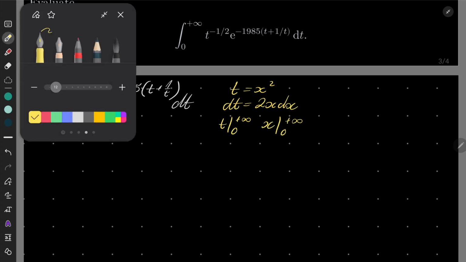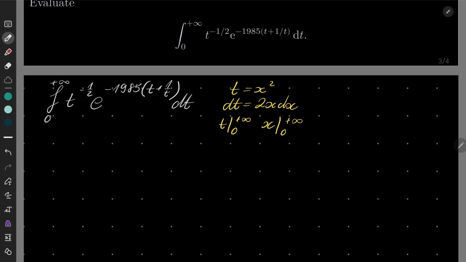And after our substitution, we get the integral from 0 to plus infinity of, since t is x squared, x squared to the power minus 1/2 is x to the power minus 1, e to the power minus 1985 (x squared plus 1 over x squared), and dt is 2x dx.